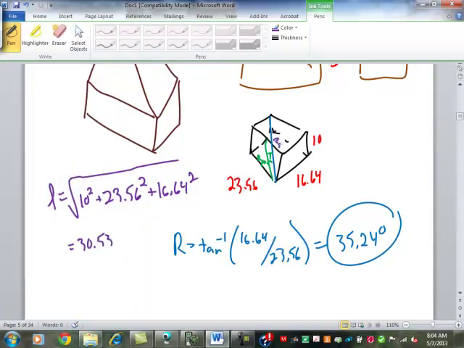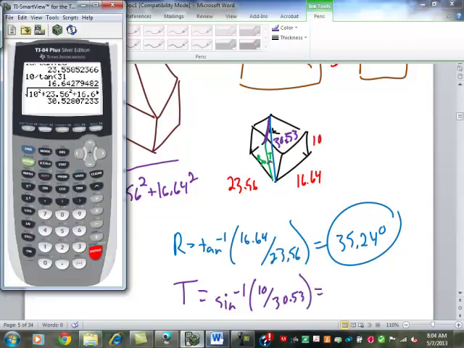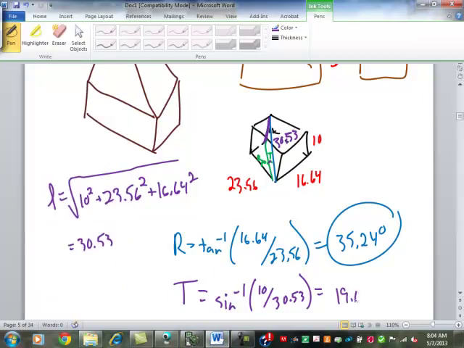That would be the length of the edge in this case. Now T is down here, so this is an opposite side and hypotenuse, so it's going to be a sine. So T is the inverse sine of 10 over 30.53, which gives us 19.12. Works for me.